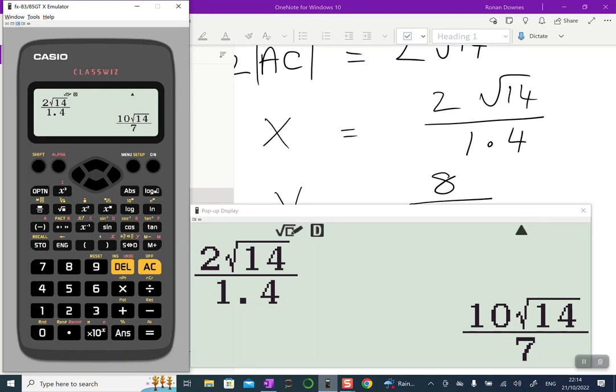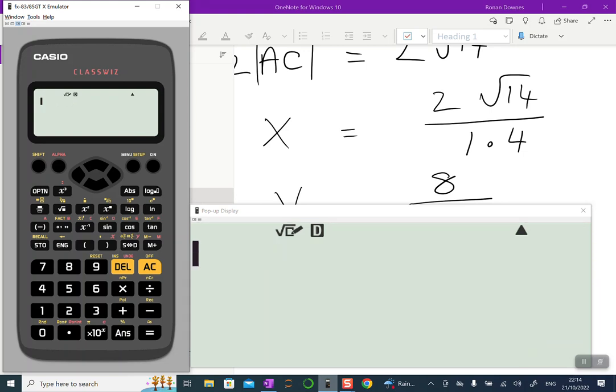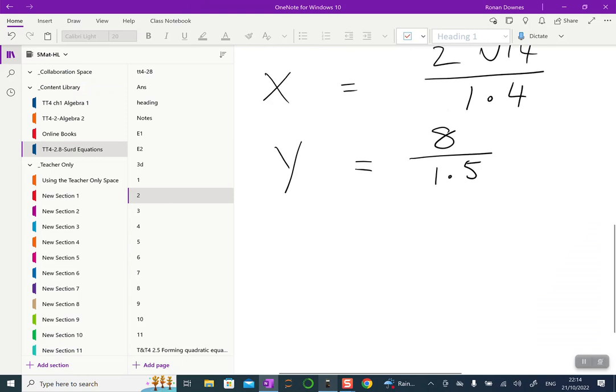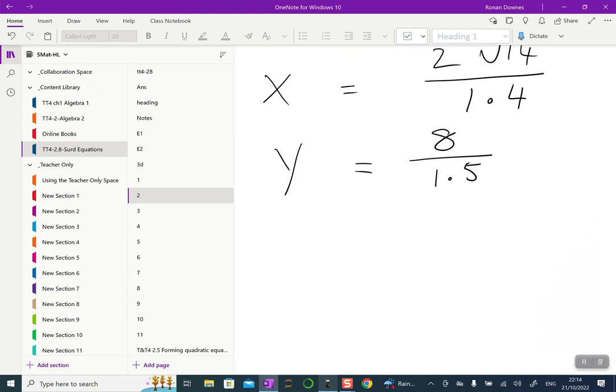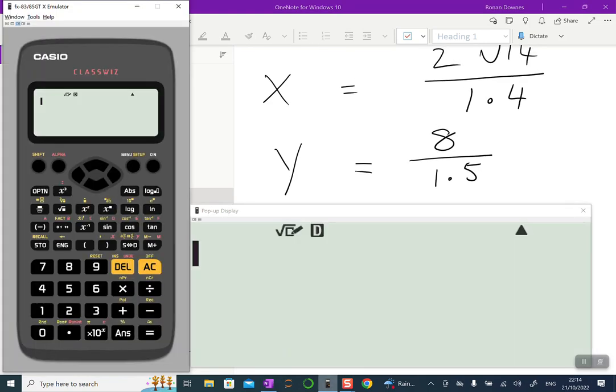Which I'm going to store to X. I just didn't use A because it's been used for a point. And the second one I'm going to be calculating there. And I'm not too worried about which is going to take longer, because when I subtract them, I'll get either a negative or a positive value, and it doesn't really matter.